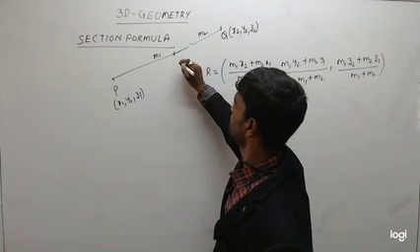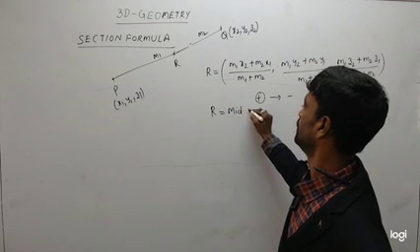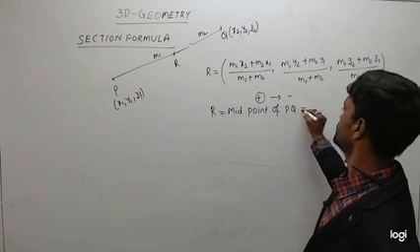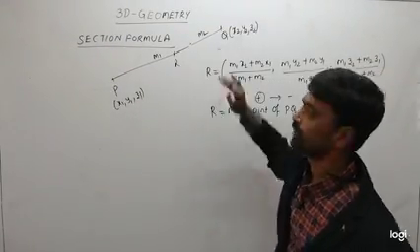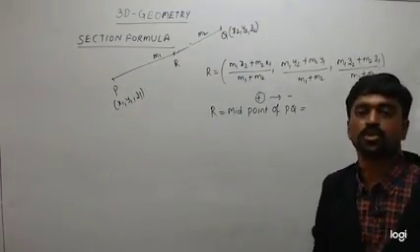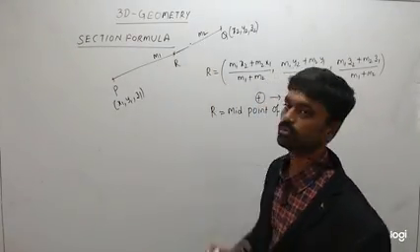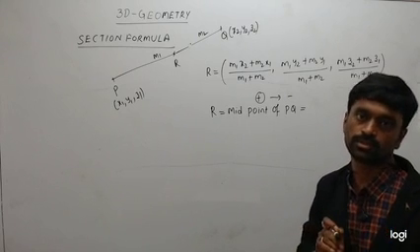Suppose this point R is the midpoint of PQ. If it is a midpoint, then the length PR is the same as RQ. That is, PR is to RQ becomes what? 1 is to 1. That means the m1 value and m2 value become 1.